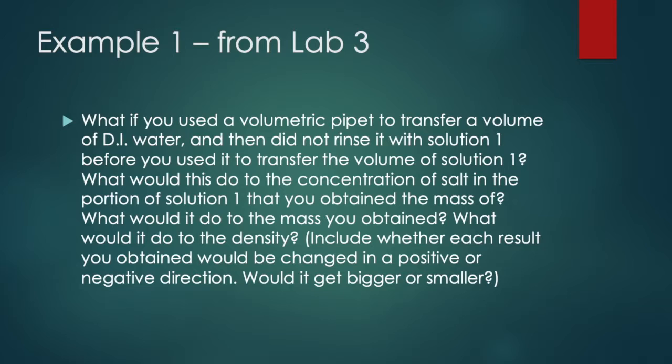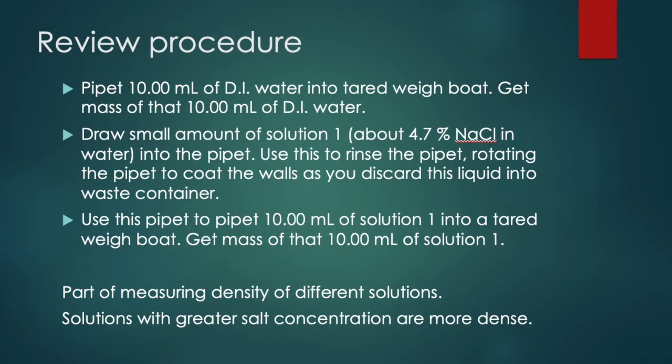And just in case you have not done Lab 3 recently, or you are not in my Chem 101 class and have not done Lab 3, let's review what that is. What is done during that procedure is that we are getting the density of different solutions: DI water, solution 1, solution 2, solution 3, 4, and 5. So we have one volumetric pipette and we are using it to transfer 10 milliliters of solution into a weigh boat so that we can obtain the mass of that 10 milliliters of solution and get the density.